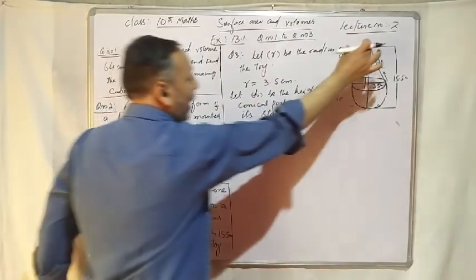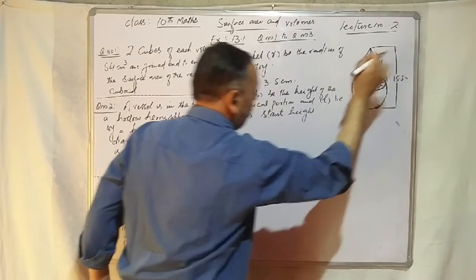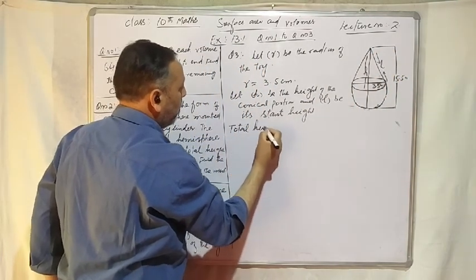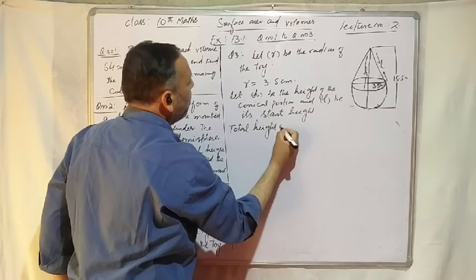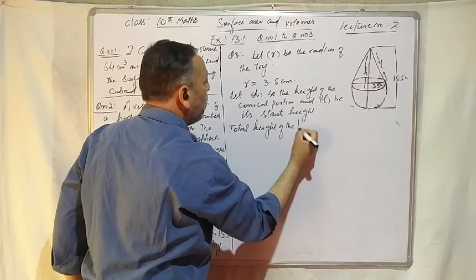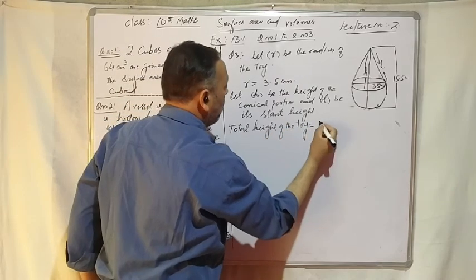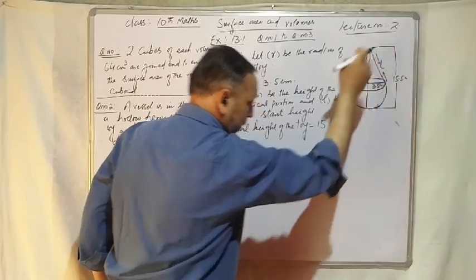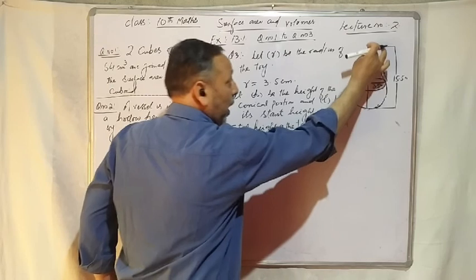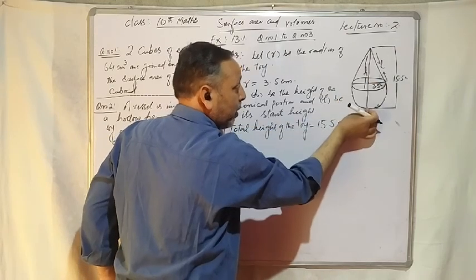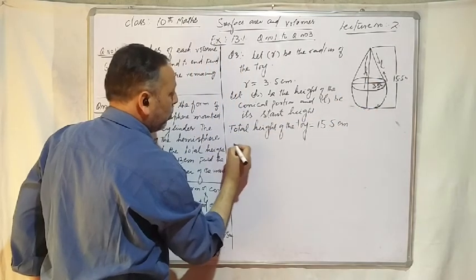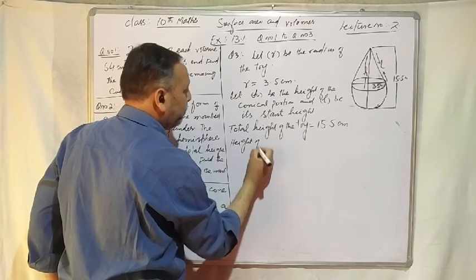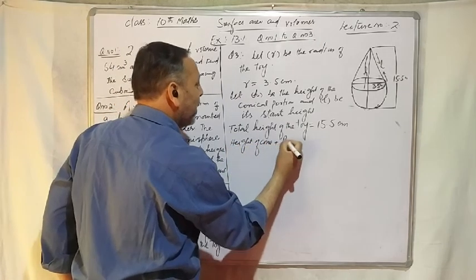Now total height of the toy is 15.5 centimeter. Total height means height of conical portion plus radius of hemisphere.